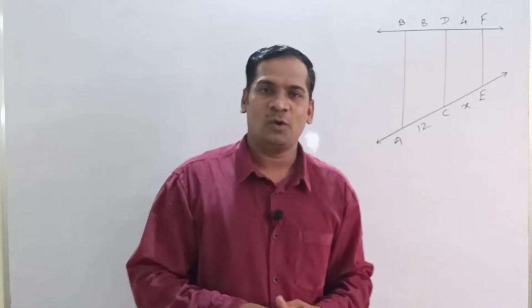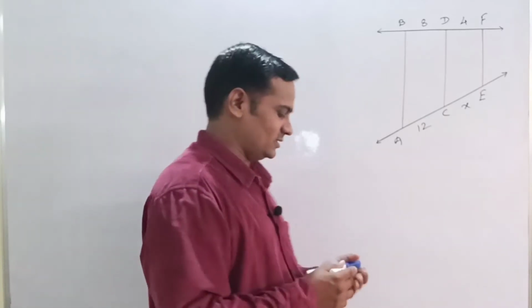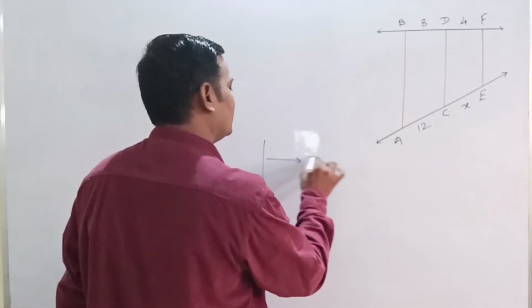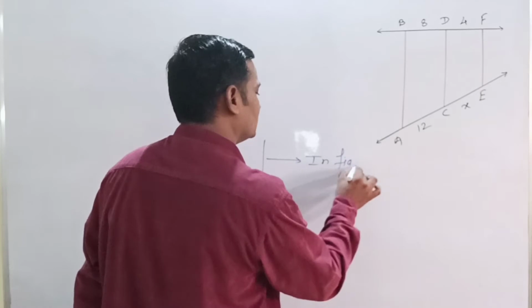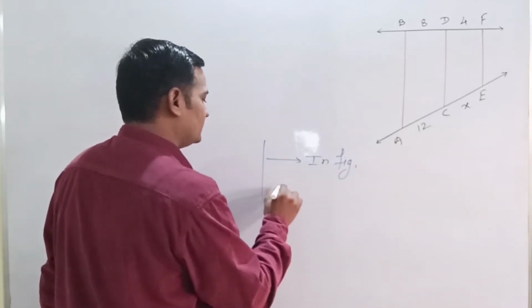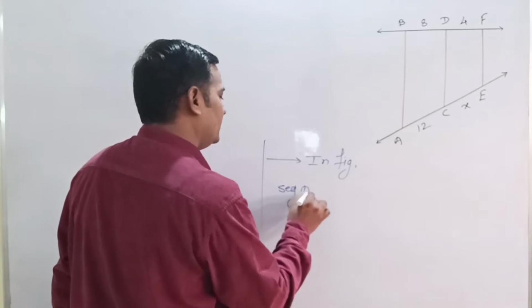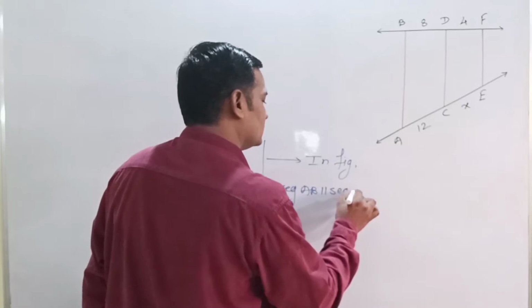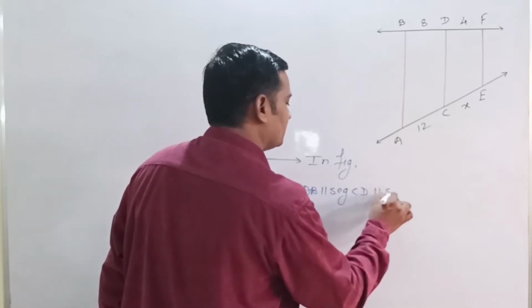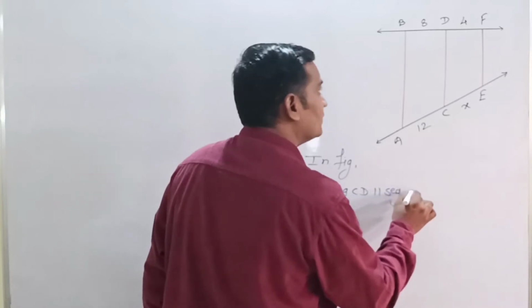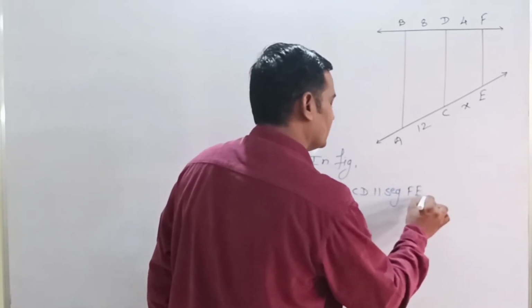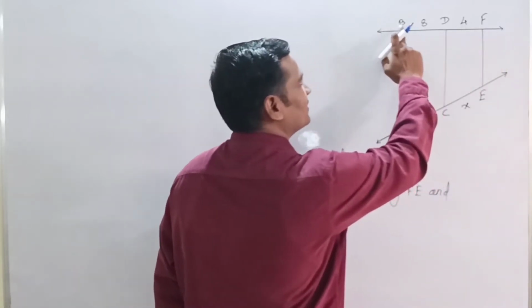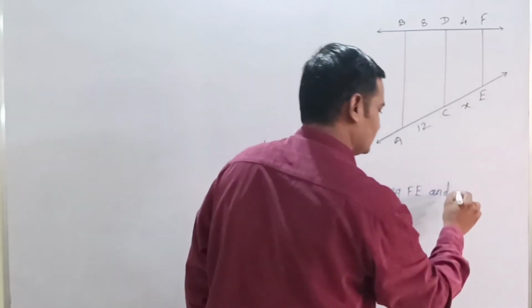So let's find that X. We know the property of three parallel lines and their transversals. So we can write here, in the figure, segment AB is parallel to segment CD, parallel to segment FE or EF, and look at these lines, BF and AE.